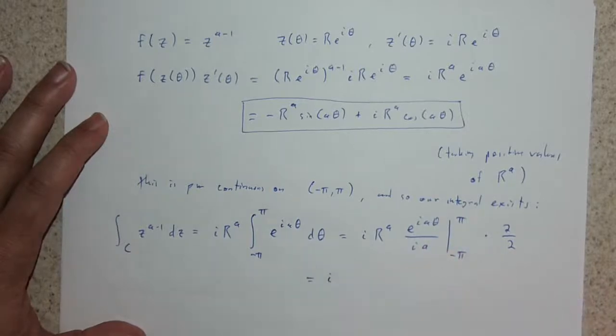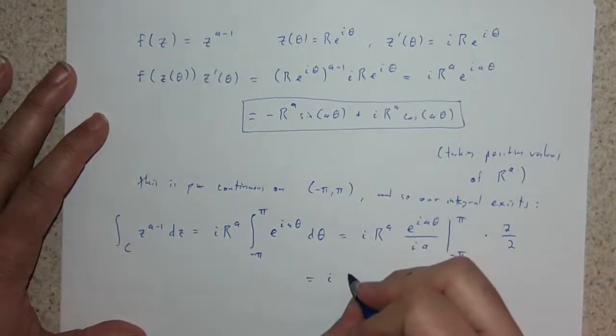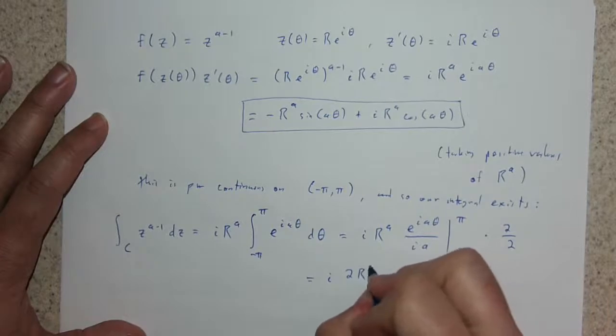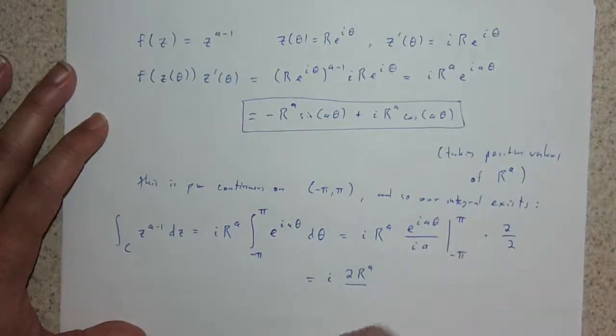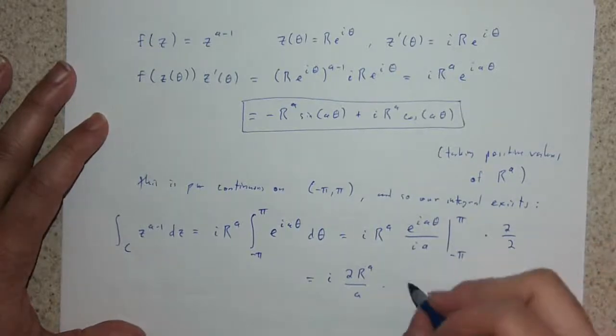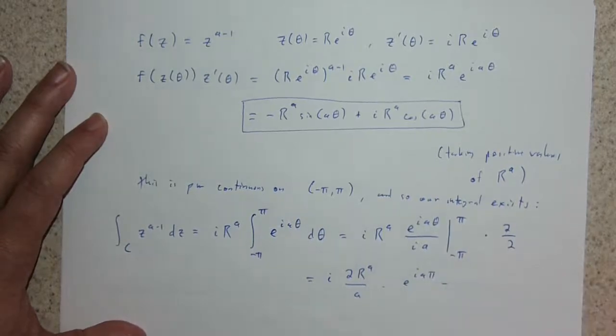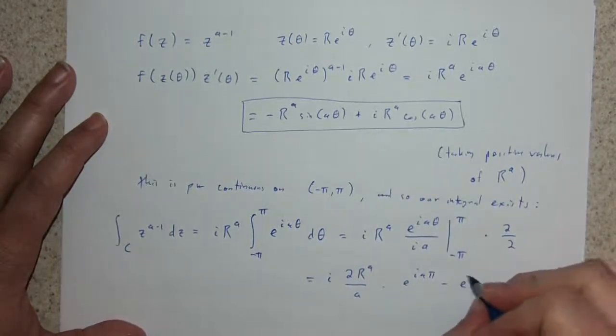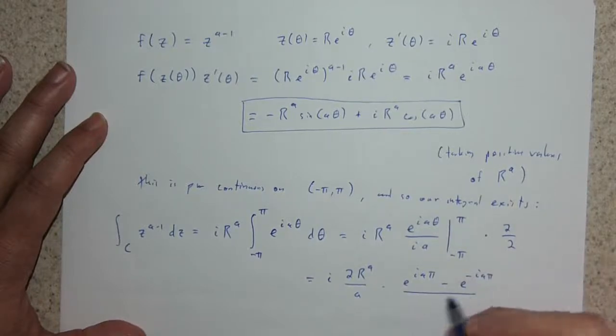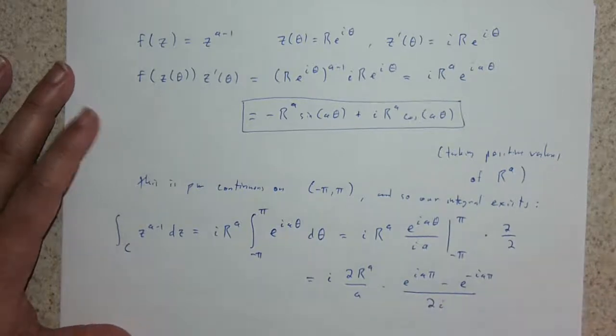So this is going to be i times 2 r to the a over a times, evaluating this, e to the i a pi minus e to the minus i a pi over 2 times i.